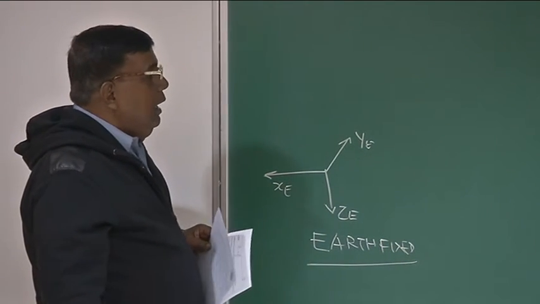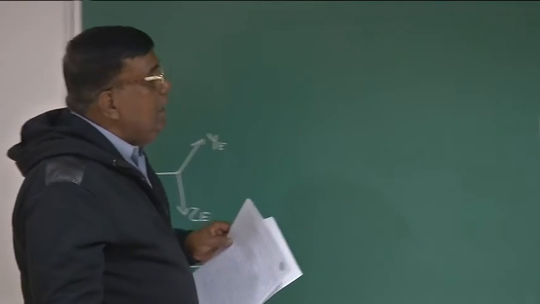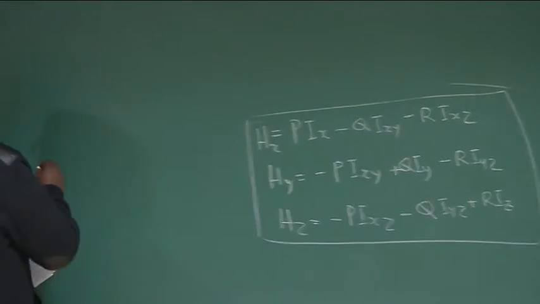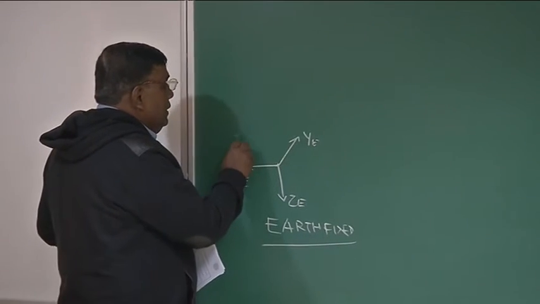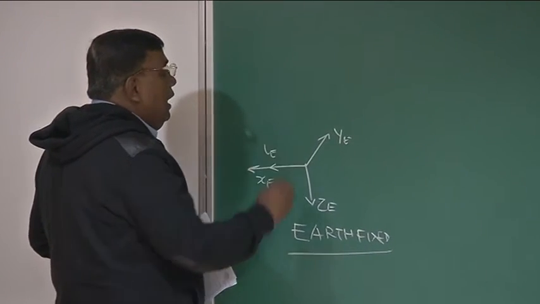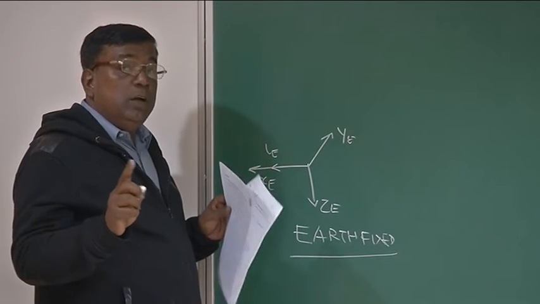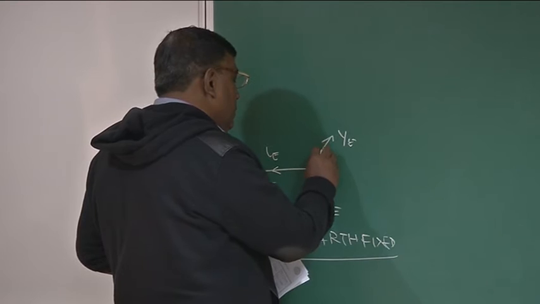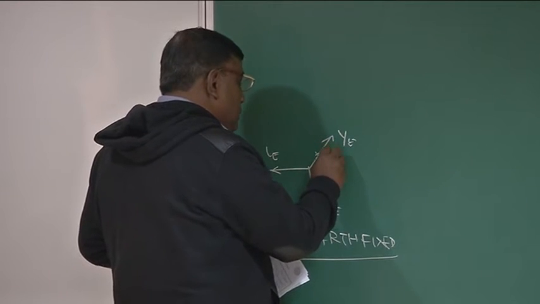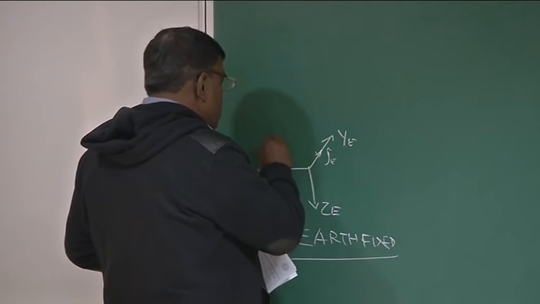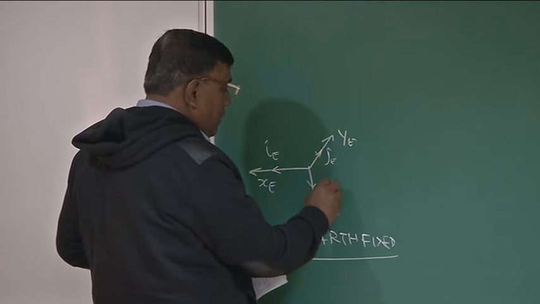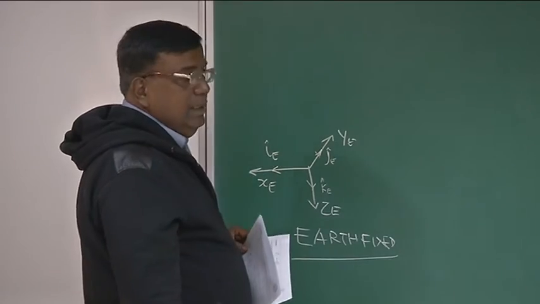Okay? And what is Hx? Hx is the angular momentum of the airplane along the x direction, that is, along the unit vector iE, which is fixed. This is not rotating, right? What is Hy? Hy is the angular momentum along the earth-fixed j direction unit vector, similarly the k direction for Hz.